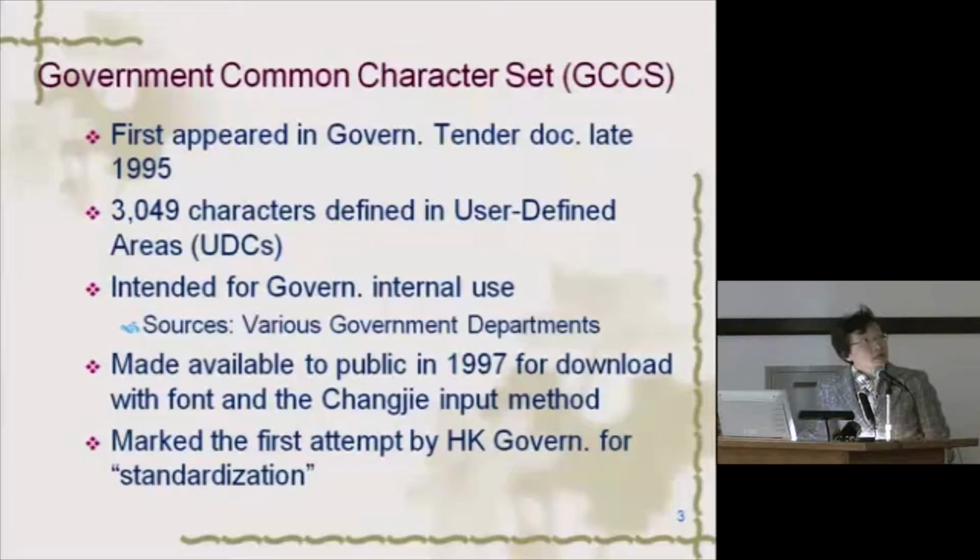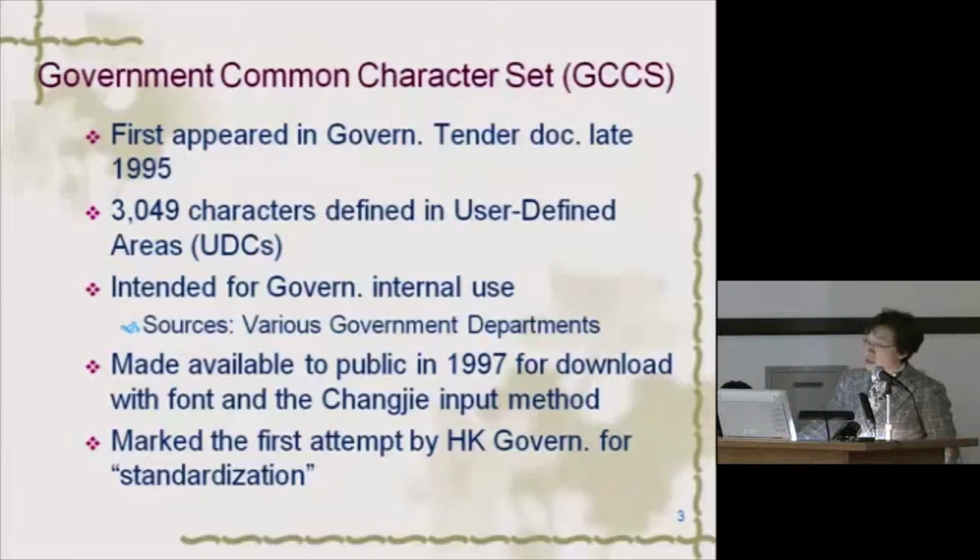The Hong Kong government in 1995 started to require computer suppliers to support a so-called government common character set. This is a group of 3,000 some characters which are collected within the Hong Kong government's different departments. For example, if I register my ID, I have to pay for tax, and they need to know among themselves that they're referring to the same person.